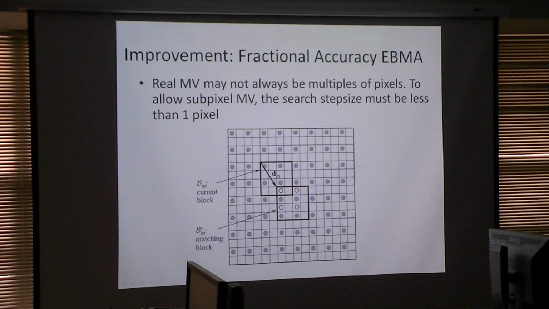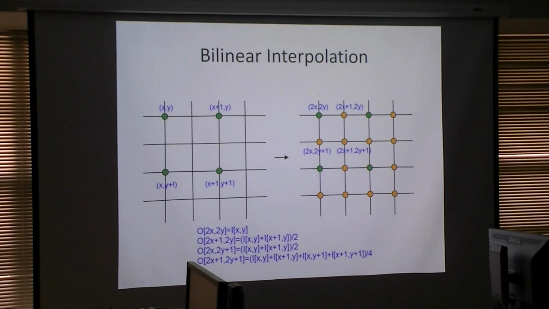Then the search step size can be less than 1 pixel. It can be half pixel or quarter pixel by using some upsampling method. So to achieve the fractional accuracy EBMA, we try to upsample the frame.